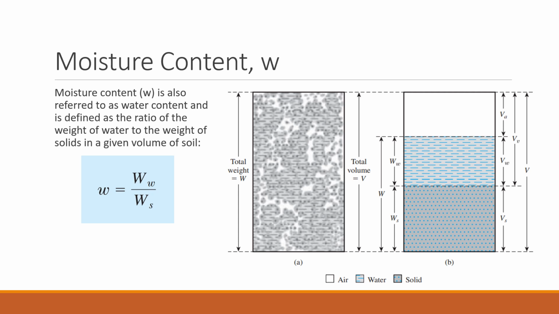So mo determine sa weight of water, no? And then the weight of solid is katong oven dried weight. Usually ginatawag na siya oven dried weight kay mao na gid to siya ang amount of soil solids ato nga soil sample. So wala na gid to siya water. So i-ratio nimo ang weight of water over weight of solid, mao na siya ang amount of water or the moisture content in your soil sample.